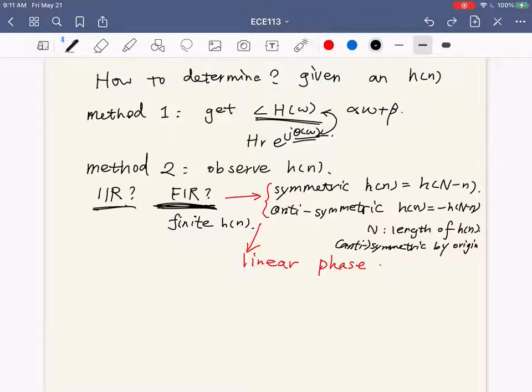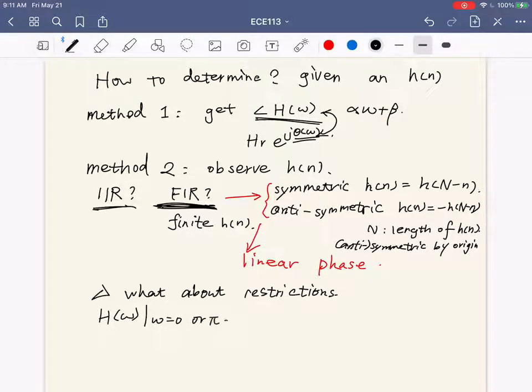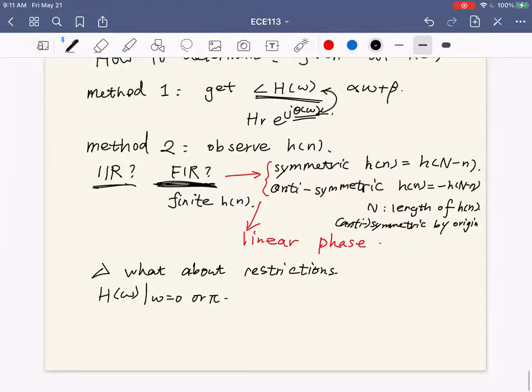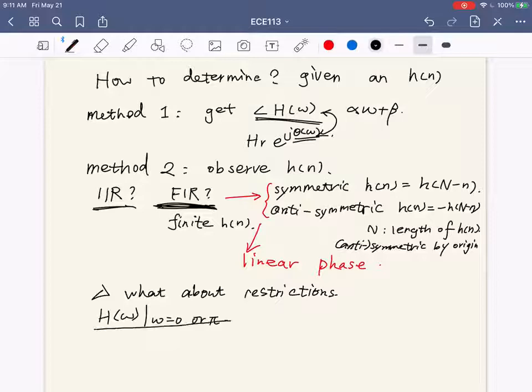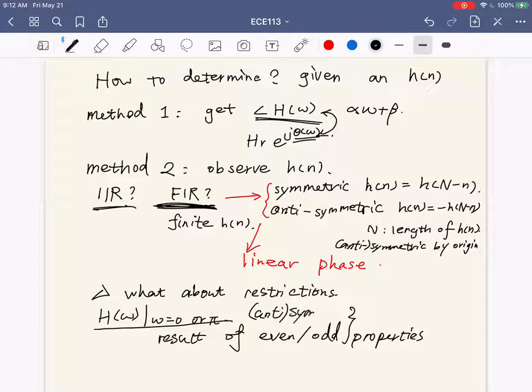And someone will ask, what about the restriction, right? So in the lecture, there is a table containing 4 types of the FIRs, and there are 2 columns called restrictions, right? Like the value at omega equals 0 or pi. What about this? The idea behind that is that the restrictions on these values are just the result of the even or odd properties and the symmetric or anti-symmetric properties.